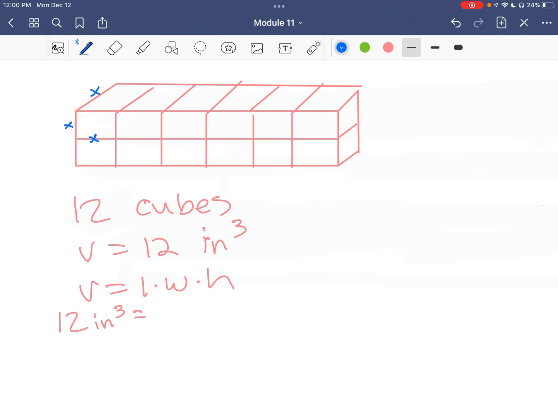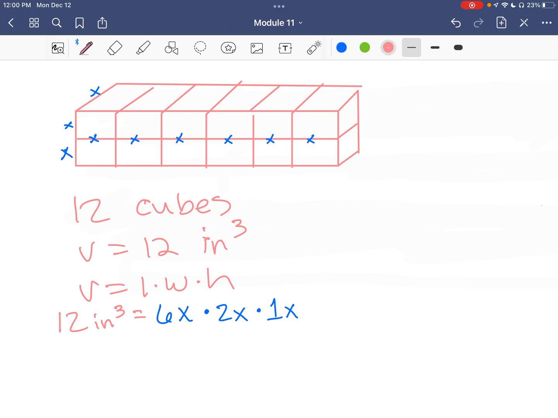So with the way I drew this out, our length is going to be, how many x's here? 1, 2, 3, 4, 5, 6 times x. And then our width is 2 x's. And then our height is 1x.